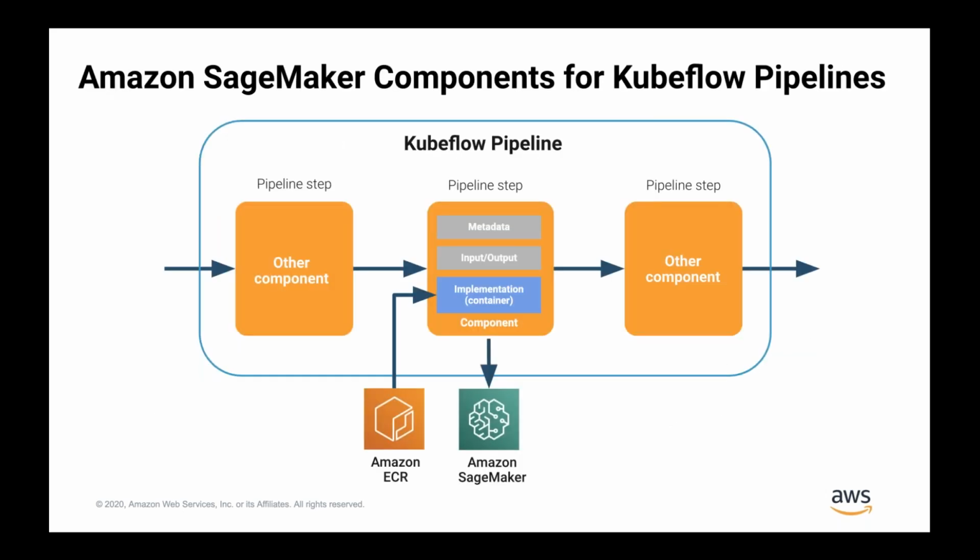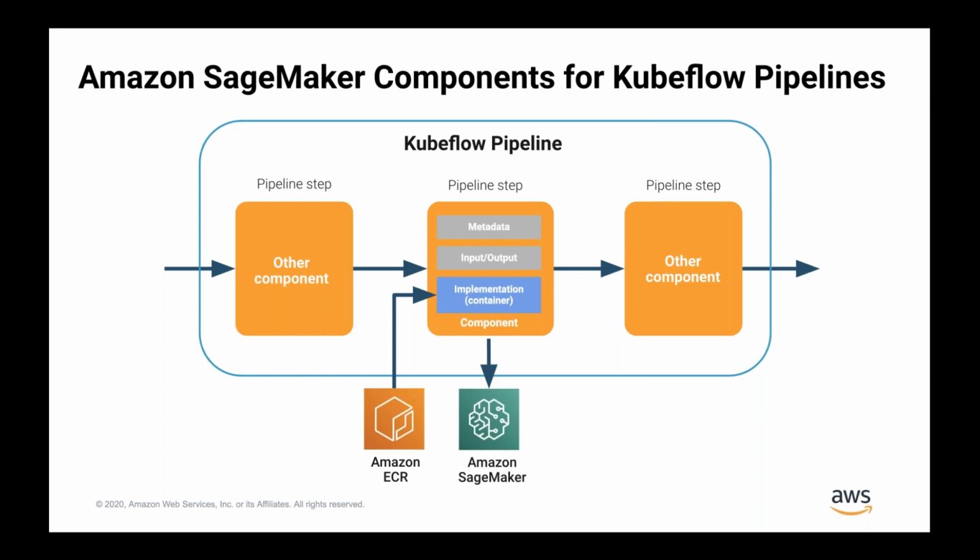So just to double click on how this works a little bit closer, Kubeflow pipelines is composed of steps, so nodes within your directed acyclic graph. And oftentimes, developers will package them within components. So what we offer in the middle section is a component that then runs on SageMaker.